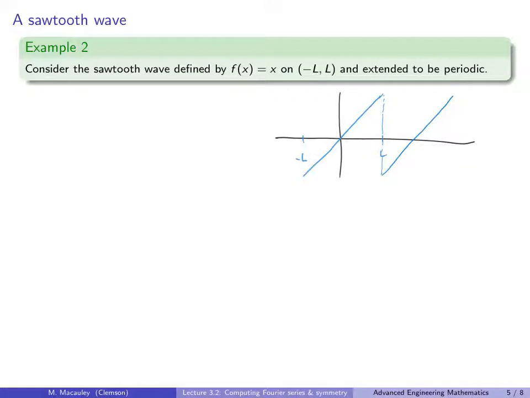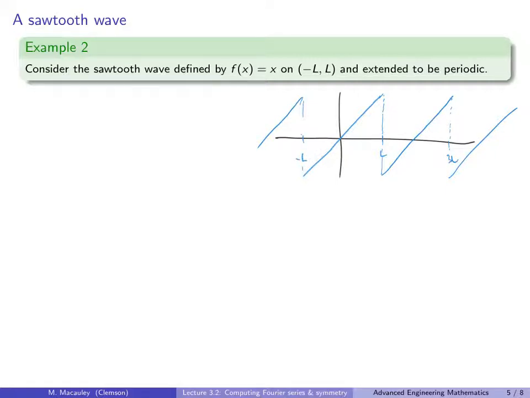So this is now 3L and etc. So this is called a sawtooth wave in engineering, and we want to find the Fourier series of this.